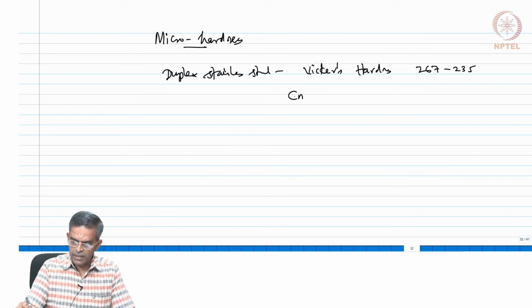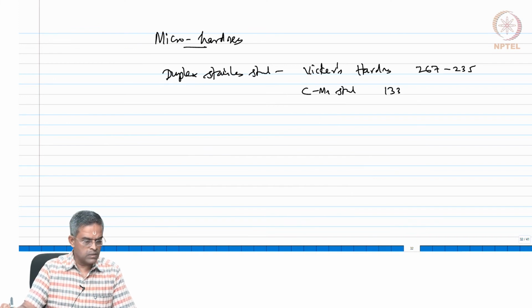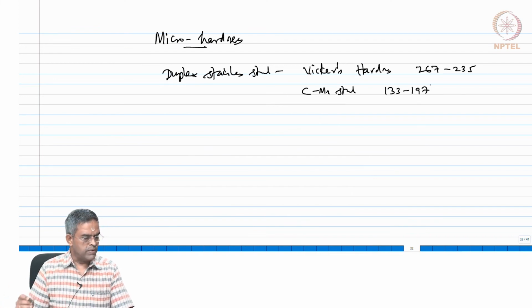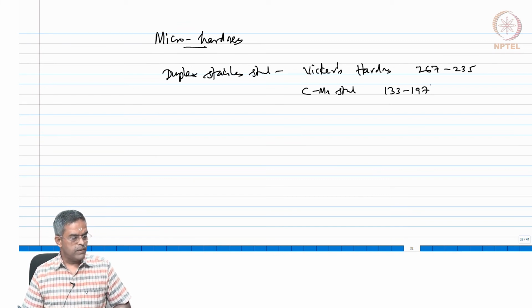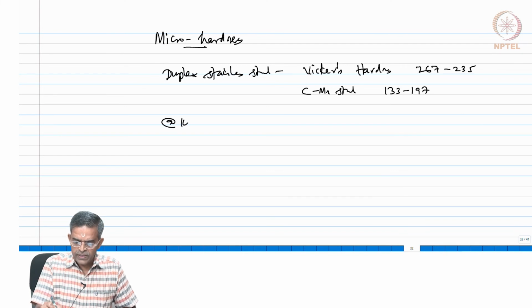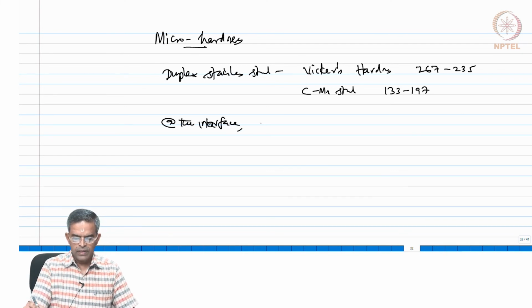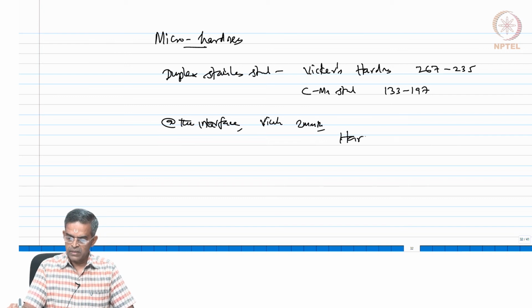The carbon manganese steel showed between 133 to 197. Okay. At the interface, in the vicinity of about 2 millimeter thick, the hardness number was seen as 307 to 320.